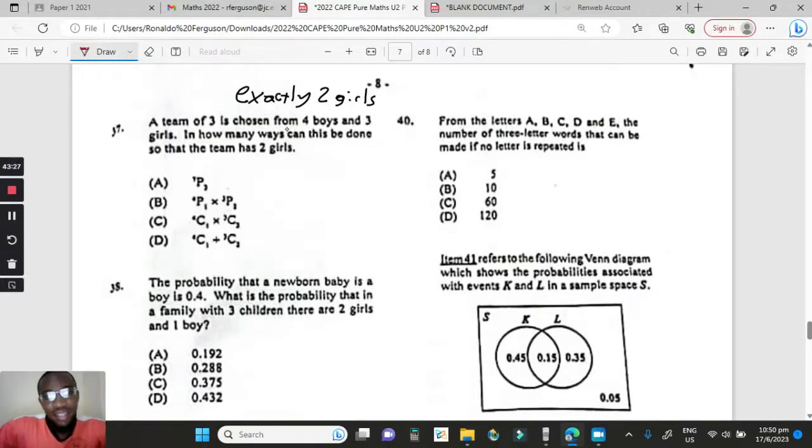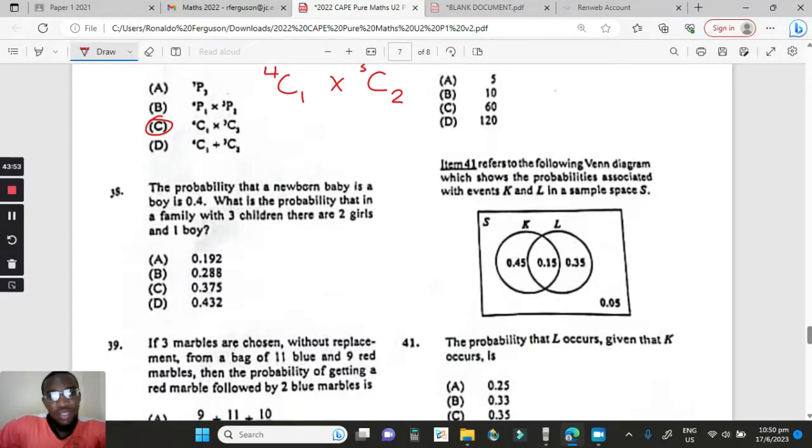So we're choosing a team of 3 from 4 boys and 3 girls, and we need to choose 2 girls out of the 3 there, and so 1 boy from the 4. So 4 choose 1 times 3 choose 2 is C.